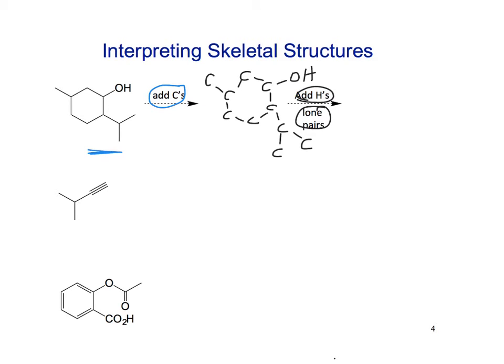We have to add enough hydrogens to give each of those carbons 4 bonds. So let's just go ahead and draw the carbon skeleton first, and then I will add all of the hydrogens. Okay, there's all of the carbons.